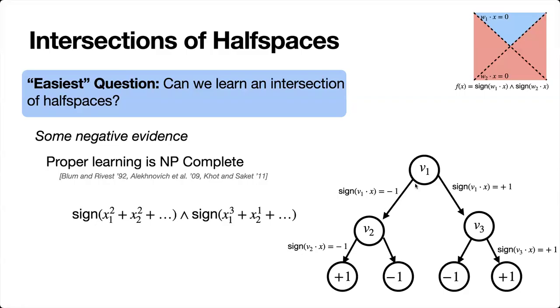Another nice class that seems relatively interpretable is threshold decision trees, which is just a standard decision tree, but each node has a corresponding half space, and whether you go left or right depends on how the half space labels that point. All this to say, there are just many other things you can output as hypotheses, so these don't really rule out efficient learning algorithms.